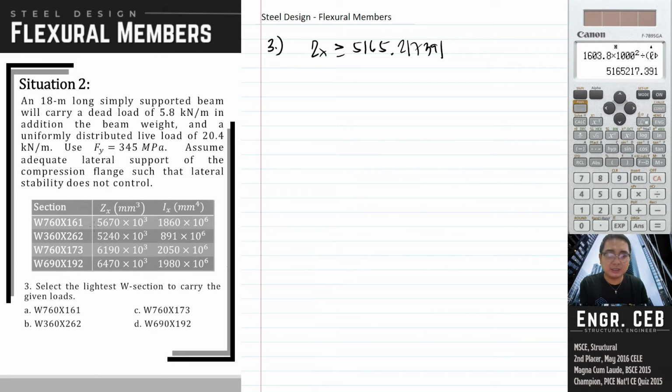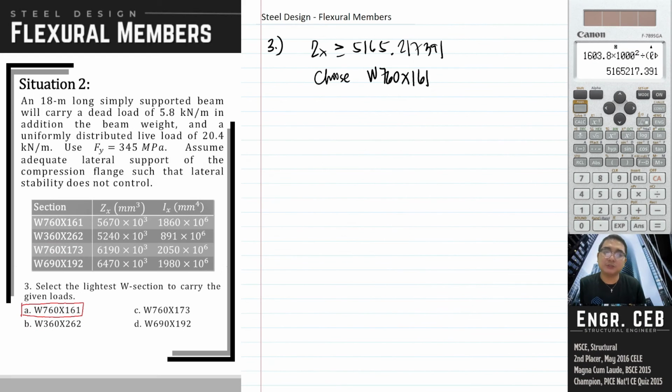As you can see in the given sections, the lightest among the four sections is W760 by 161. By the way, the weight of the section is based on the second number. As you can see, the Zx of W760 by 161 is greater than 5165 and it is the lightest section. So therefore, we choose W760 by 161, and that is letter A.